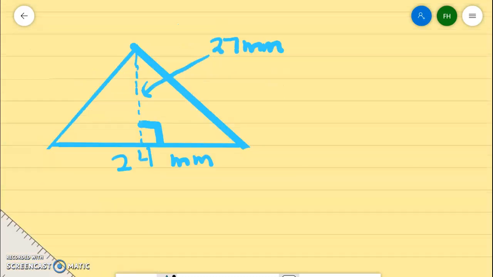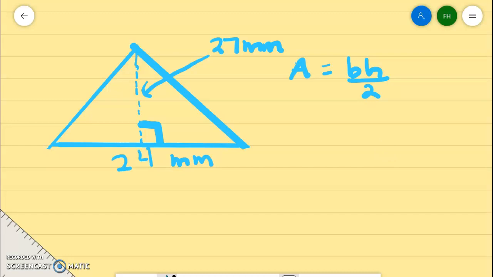Okay, your formula for the area of a triangle is base times height divided by 2. Remember, the perimeter of a triangle is you just add all of the 3 sides up. But for area, you have the base and the height.